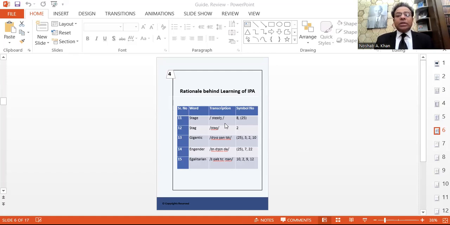Now, let's say in the word stage, S-T-A-G-E, this letter number 7 of the English alphabet is pronounced as J, which occurs in joy and bridge. And the sound prior to the sound J is A, which occurs in say, main, and wait. So with all conformity, we can pronounce this as stage.